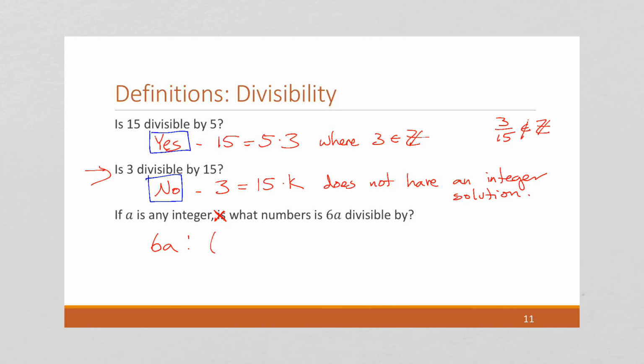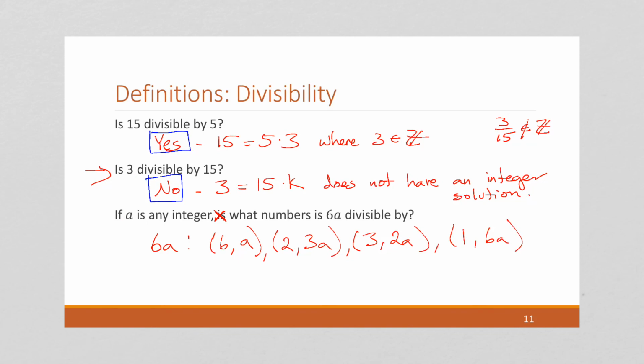We could do 6a is divisible by 6 and a. It's divisible by 2 and 3a. It's divisible by 3 and 2a. And it's also divisible by 1 and 6a.